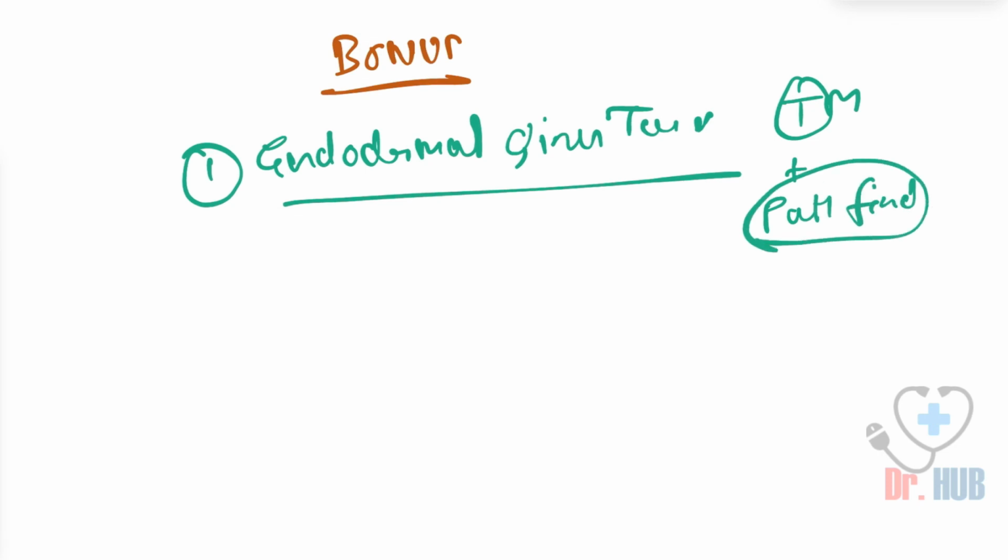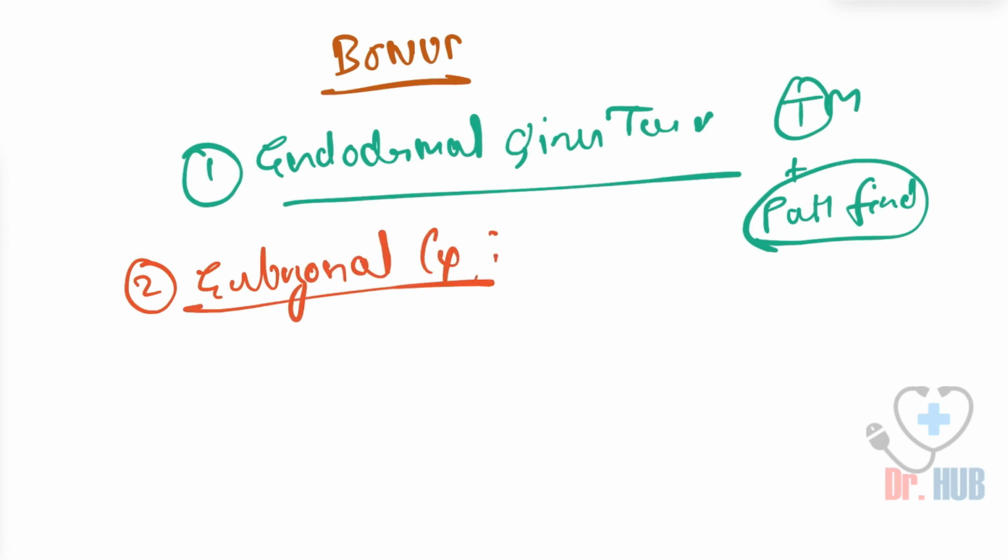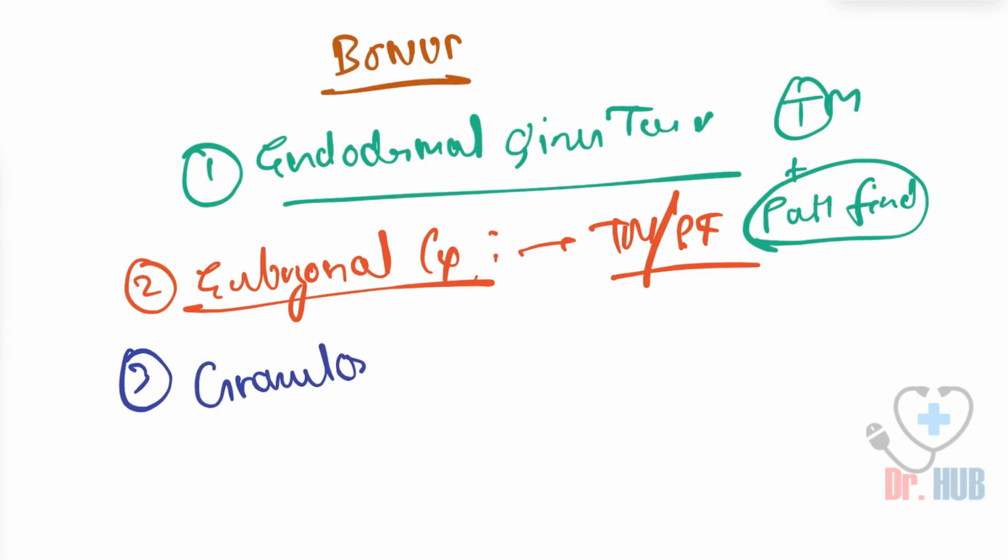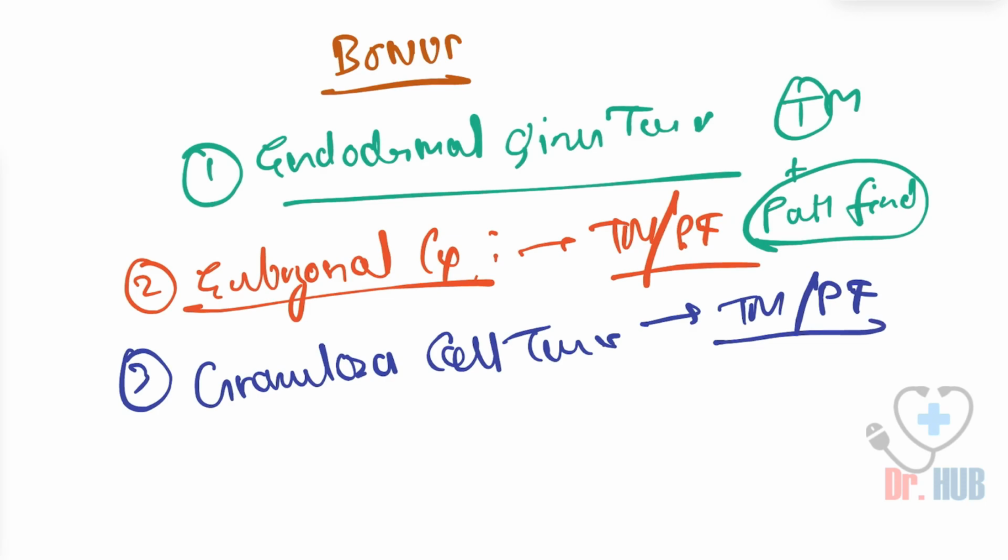The next question is in case of the embryonal carcinoma: what is the tumor marker, and what is the pathognomonic finding? The third question will be, what about the granulosa cell tumor? What is the tumor marker and what is the pathognomonic finding for this?